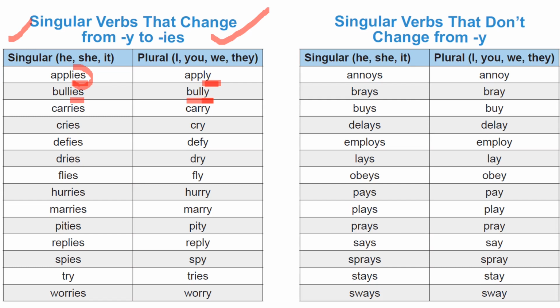Again, we remove ies and replace it with the letter y. It becomes carry. Cries. Again, we remove ies and replace it with the letter y, and it becomes cry.